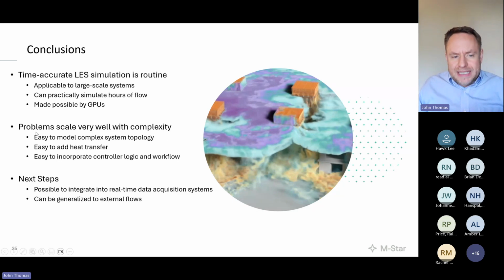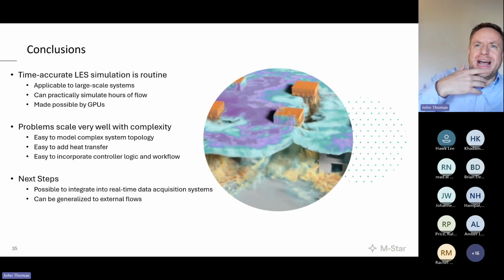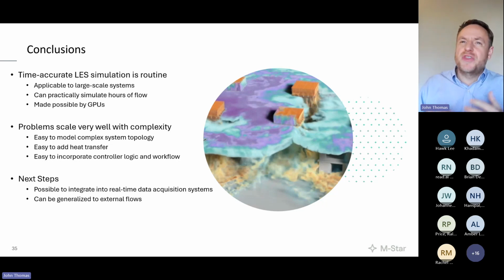So again, it is easy to model complexity, and it is easy to make these things multi-physics. Adding temperature fields, as it were, to look at, say, buoyancy or how temperature evolves for the system, easy. We've been doing that for years. Adding controller logic to see how the actual Emerson PID loop is going to inform whether it be temperature, concentration, purging, etc. That's straightforward.